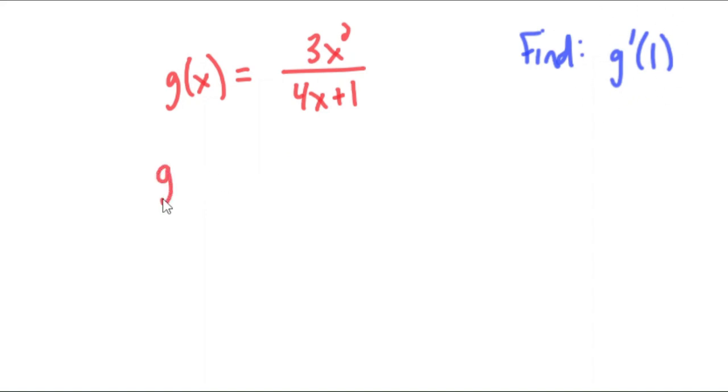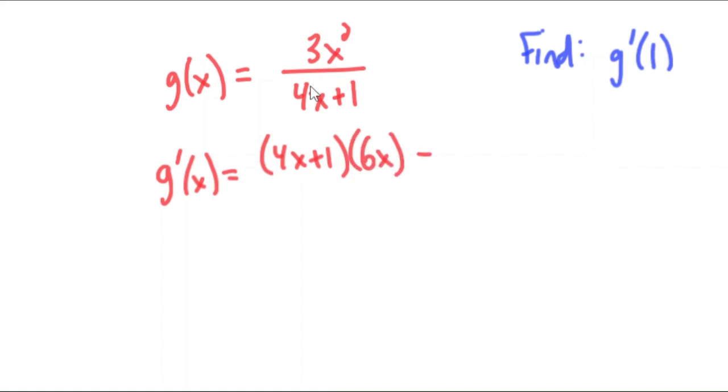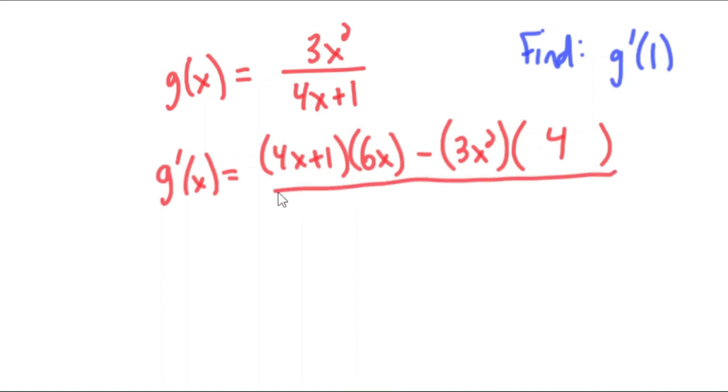So g prime of x is going to be low, 4x plus 1, d high, so that'd be 6x. I'll put it in parentheses. You don't have to, though. Minus high, 3x squared, d low, which is just 4. Okay, so there's low d high minus high d low all over low squared.